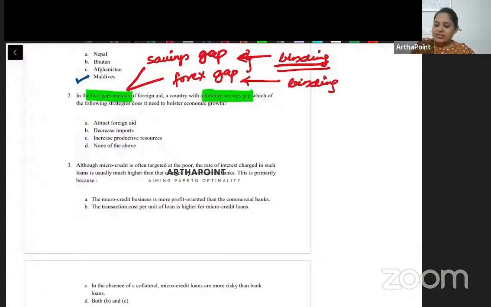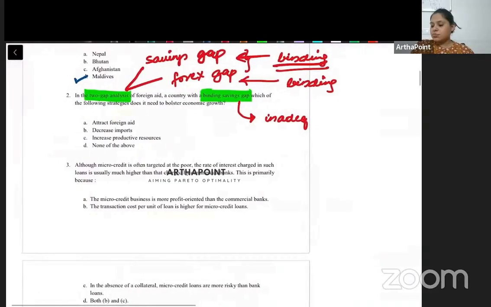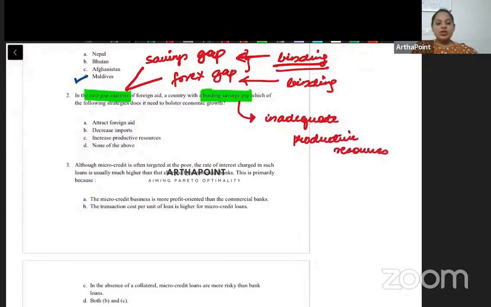So, अगर binding savings gap है, it means that I have inadequate productive resources. So what should I do? I should go ahead and increase productive resources. This is the answer to this question. Okay, come to the next one.